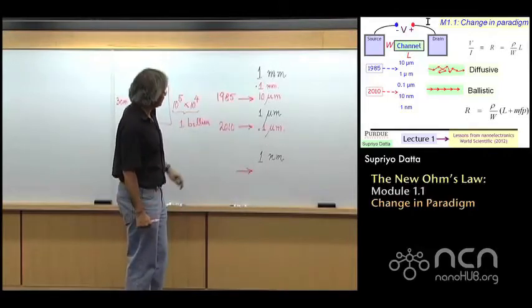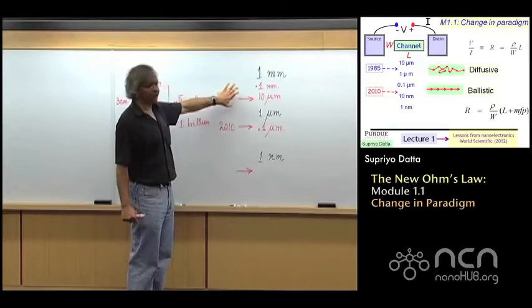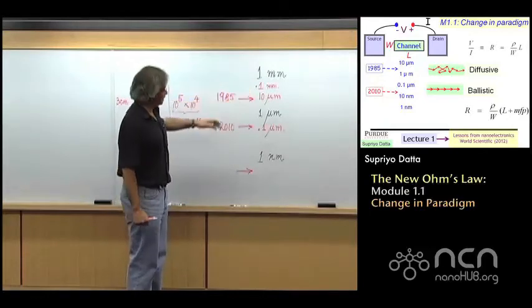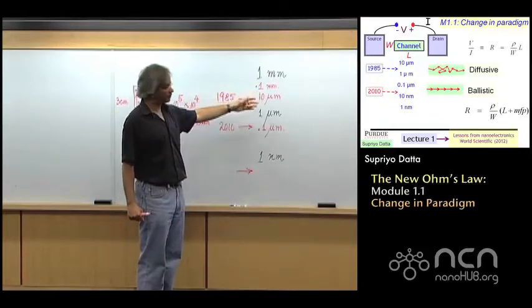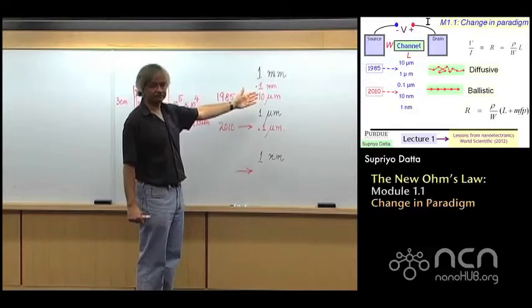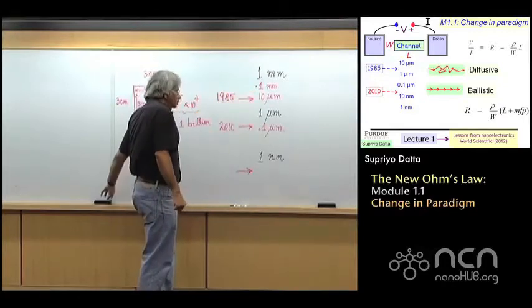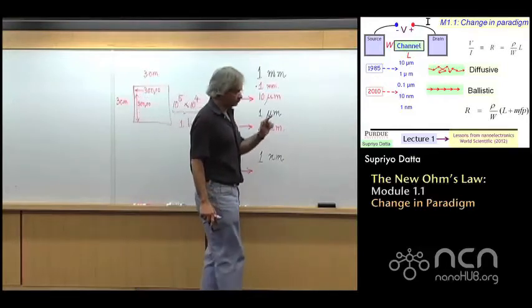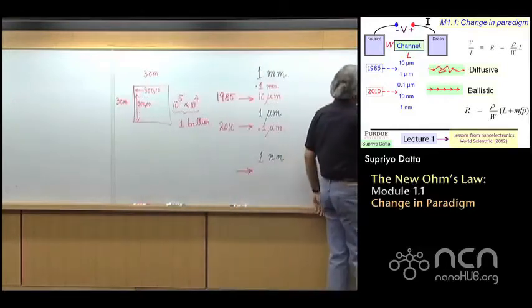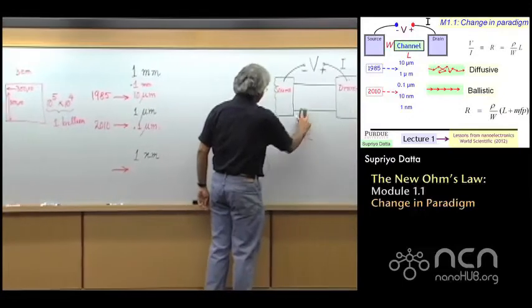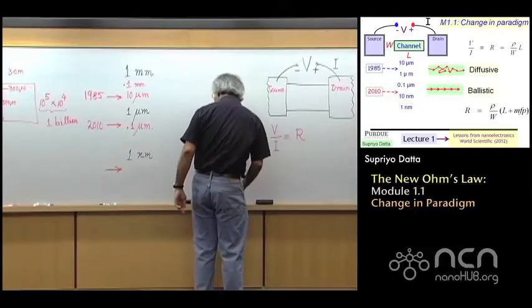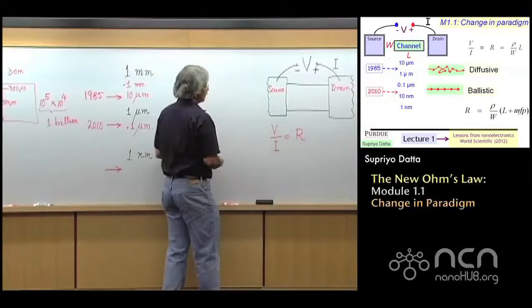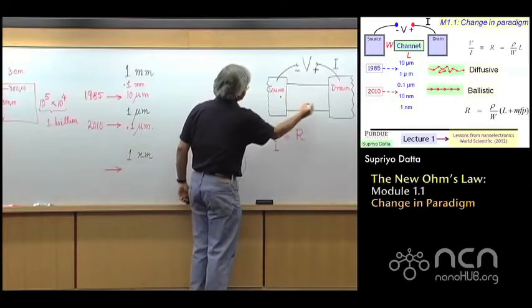And the reason is something like this. If you look back to where things were in 1985, the channel length is like tens of microns. If you look at how electrons get from the source to the drain in these devices, electrons have to go from one end to the other.